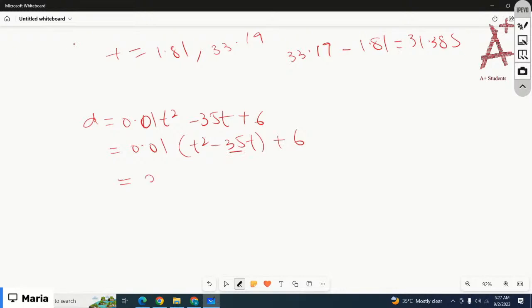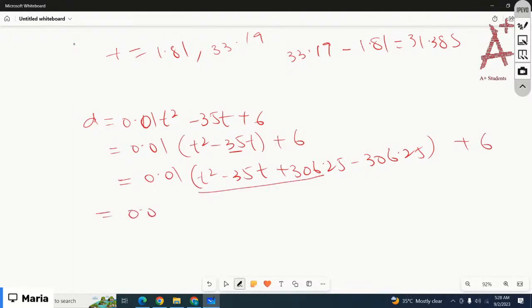You have to add 17.5 square, right? It would be t square minus 35t plus 306.25 minus 306.25 and plus 6. This makes a square: t minus 17.5 whole square, and this one you have to multiply by 0.01, that makes 3.06.